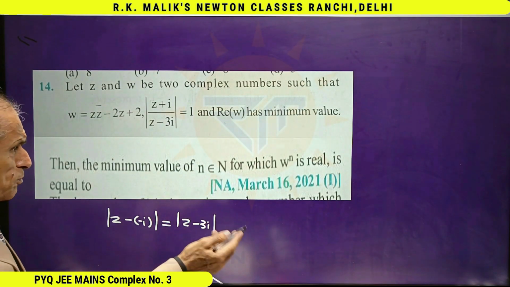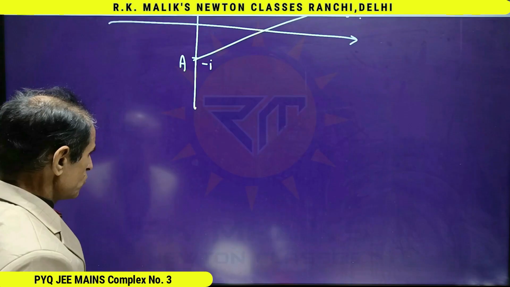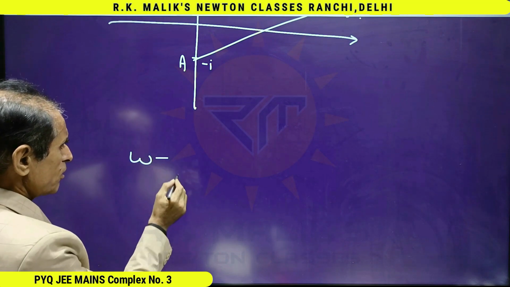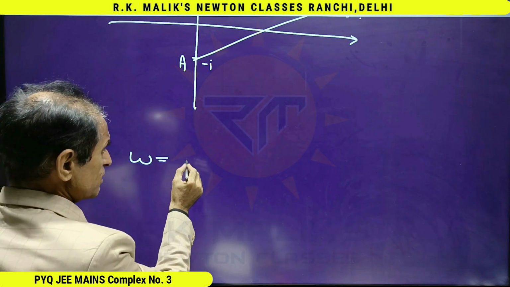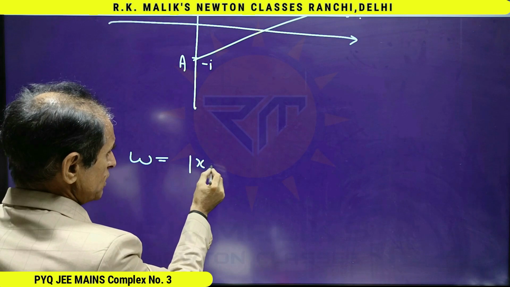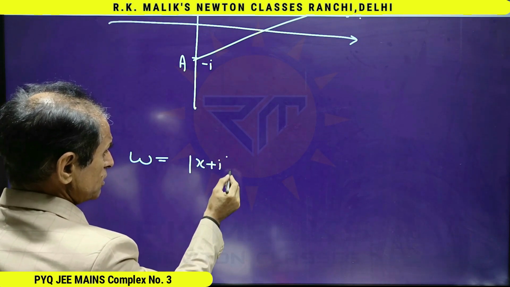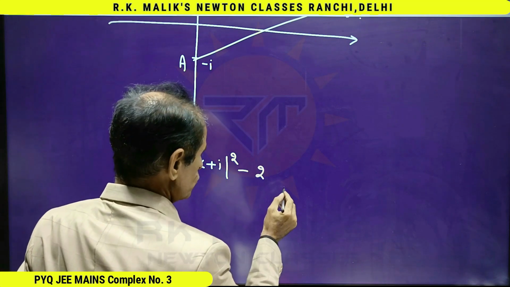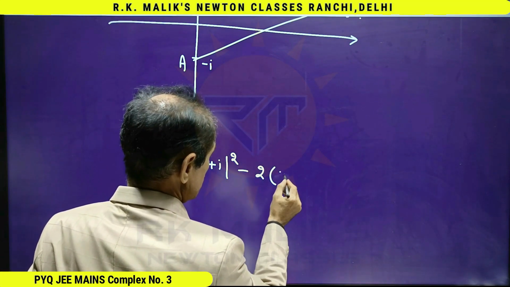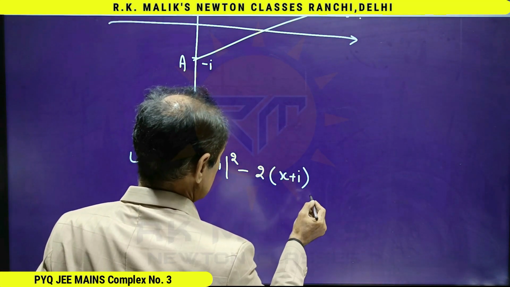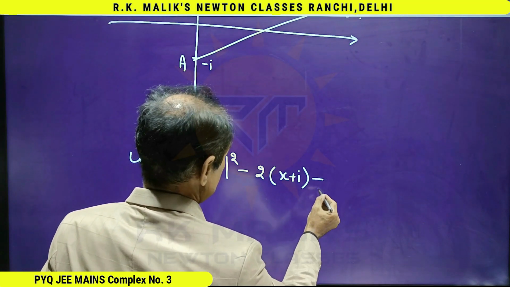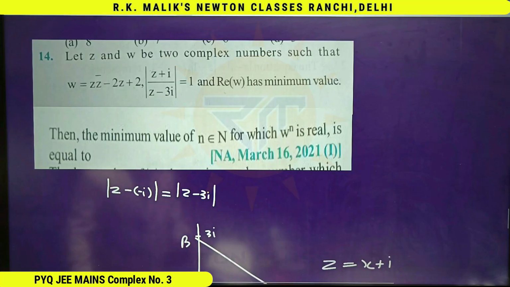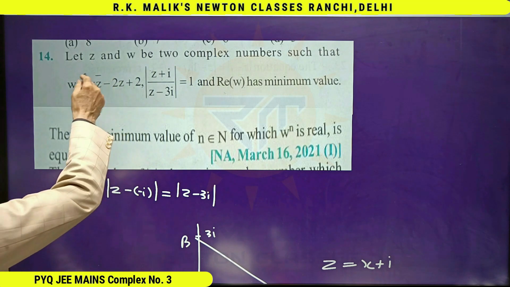And now let us put this value of z here. We get w is equal to z z bar, that is mod of x plus i squared, minus 2z, that is x plus i, plus 2i. I have put the value of z in this equation.